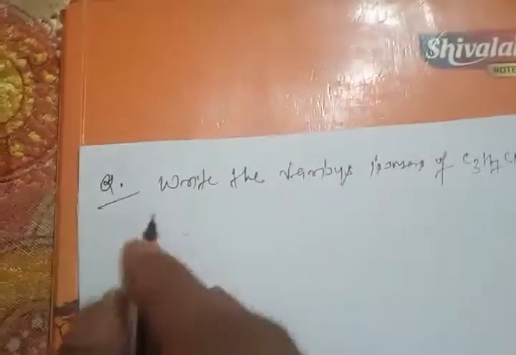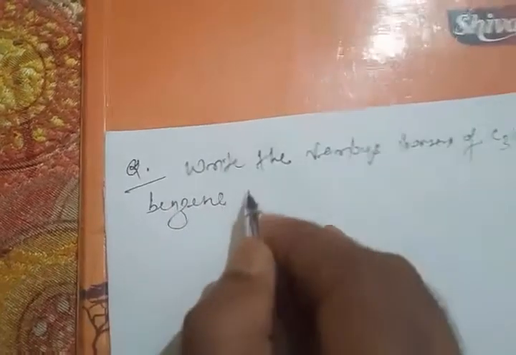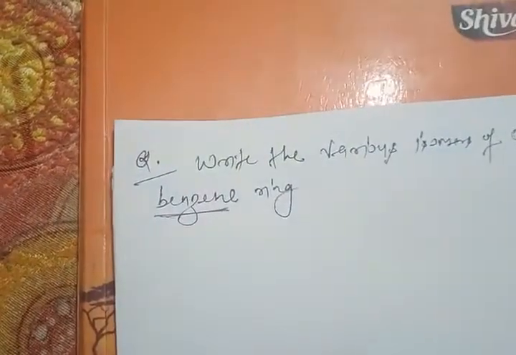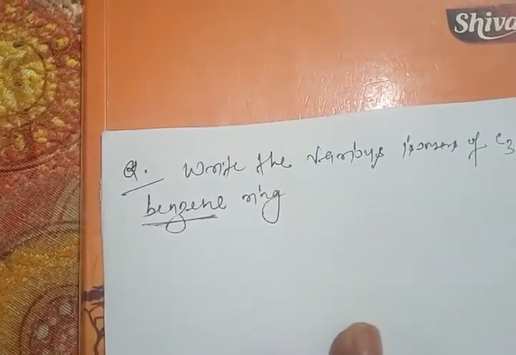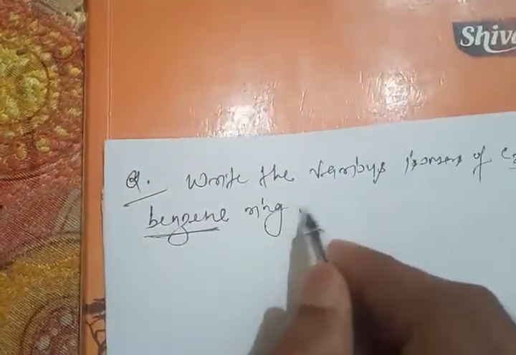So this is a hint for you. That means you have to write the isomers which contain a benzene ring. And which of these has the weakest C-Cl bond?